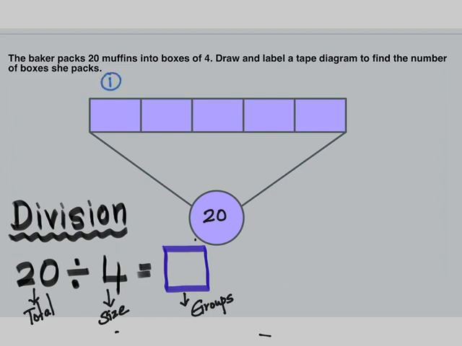So this is box number 1, box number 2, box number 3, box number 4, and box number 5. So 5 boxes were needed to put all the 20 muffins, with 4 muffins in each box. So 20 divided by 4 equals 5 groups or 5 boxes.